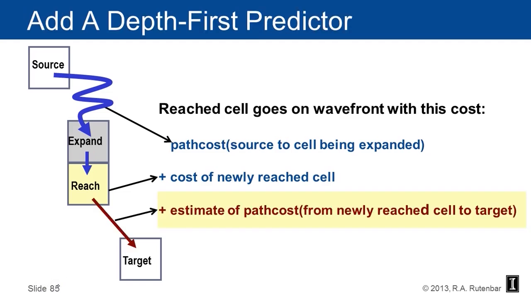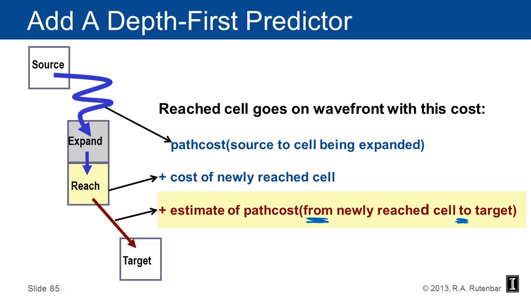There's a different way you could do it. We could add one more term. We could add an estimate of the path cost from the newly reached cell to the target. And so roughly speaking, this says that instead of putting things in the wavefront indexed by how much it costs to get there, we're going to put things in the wavefront indexed on how much we think the whole route that touches the target and completes the wire costs.